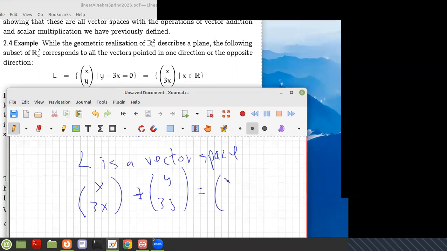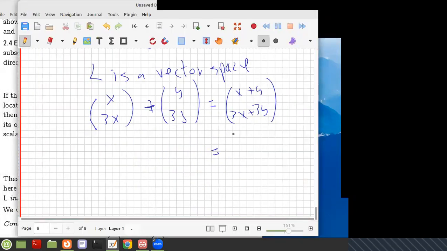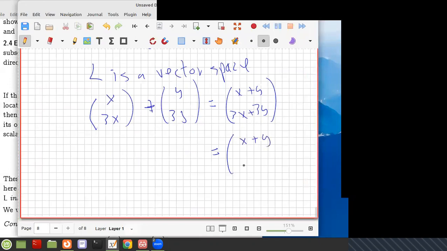Well, what would this be? This would be x plus y, 3x plus 3y, but that equals x plus y and 3 times x plus y. So it is of the same form because this is a number, sort of like this is z and 3z, where z is equal to x plus y. This is just to show you, this is in the form of a number here and 3 times the number there.